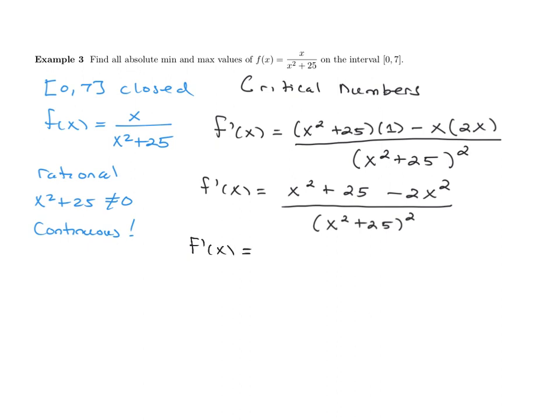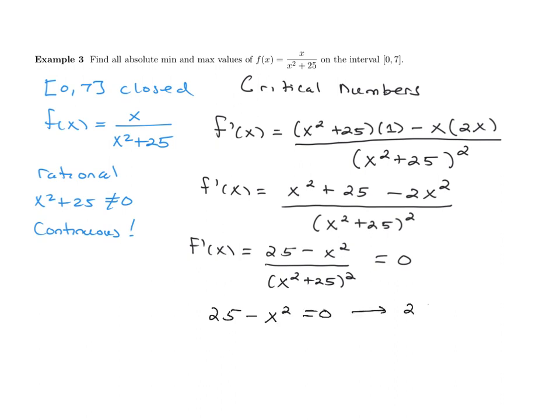So the derivative is really 25 minus x squared in the numerator. And we only need to check where this is equal to 0, since this thing is always defined. That means we only need to check where the numerator is 0. So to find the critical numbers, I'm going to set the numerator 25 minus x squared equal to 0.